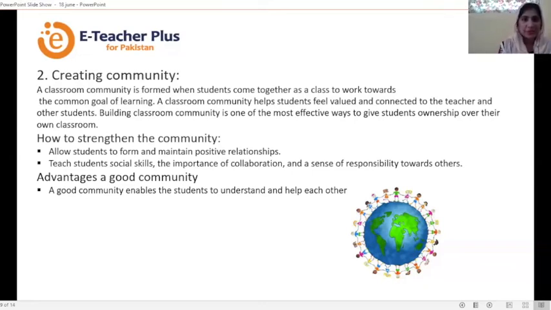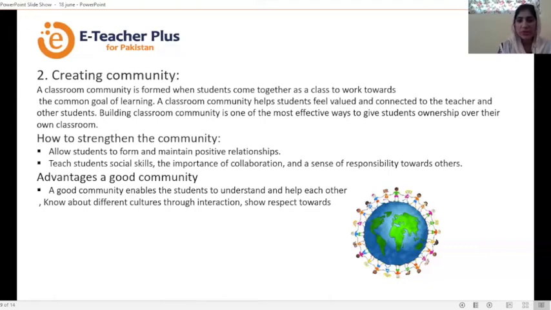They also develop a sense of responsibility towards each other. And the students learn about different cultures while interacting with each other, and they start respecting and accepting diversity.